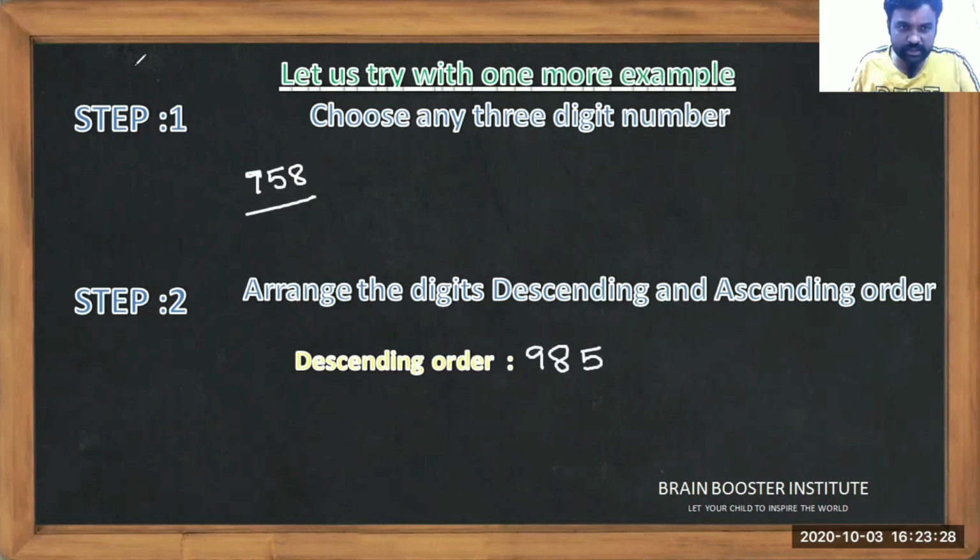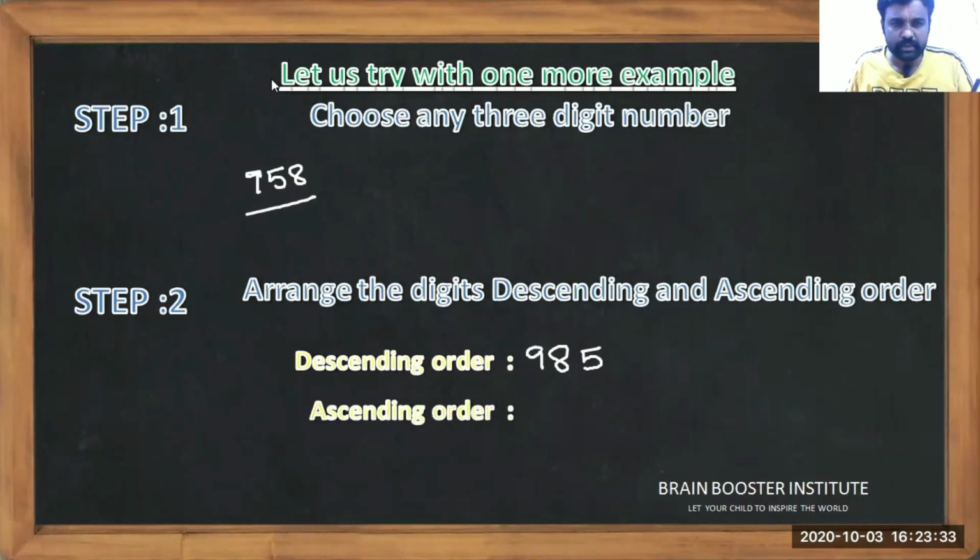And let us write the ascending order. The ascending order means just reverse the descending order, small to big. Then what do you get here? 589. Got the point? Step 2, we have arranged in descending and ascending order.